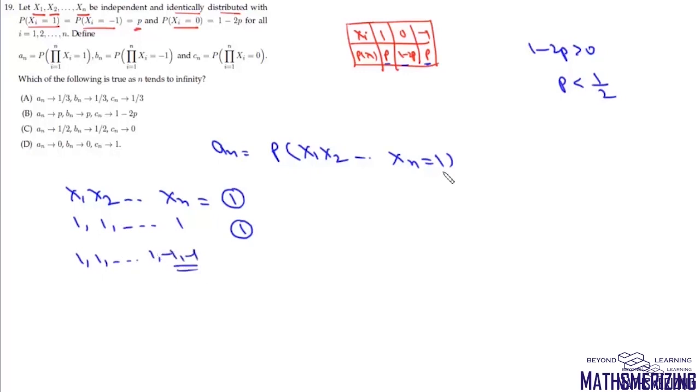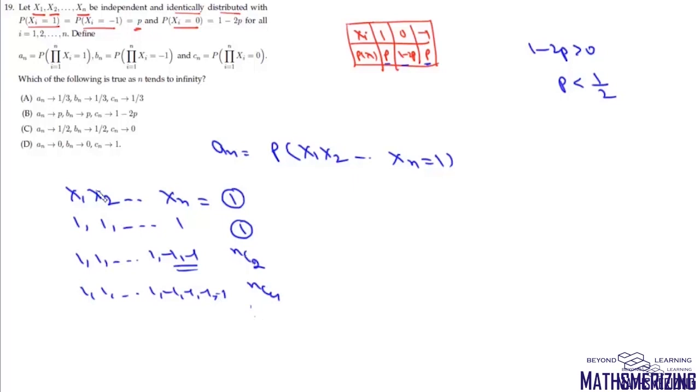Then again their product will be 1. So from these n, we need to select 2 which will have the value minus 1. So it will be simply nC2. Next one will be all ones except 4 minus 1s. Here it will be simply nC4. It will continue till we have the maximum number of minus 1s possible.